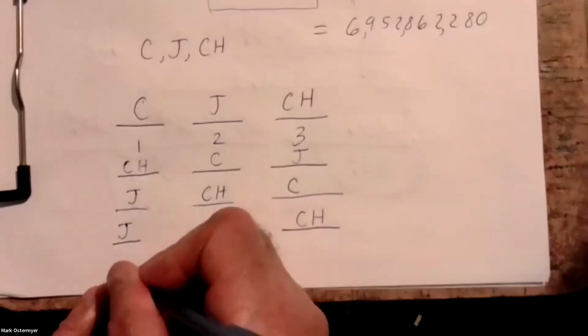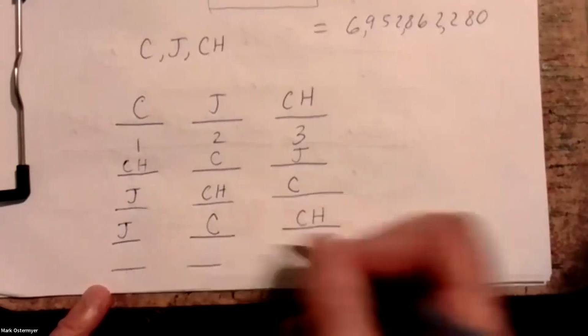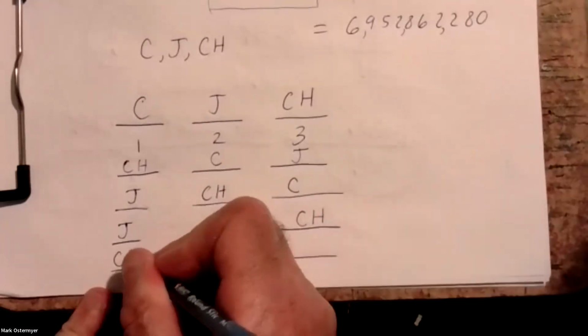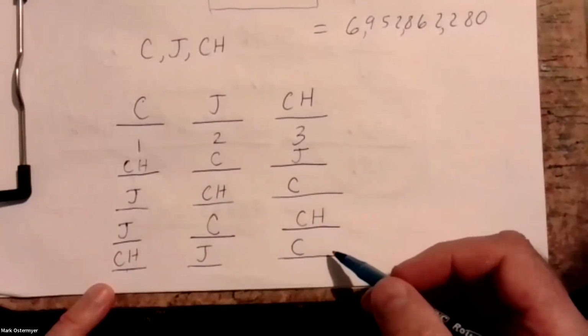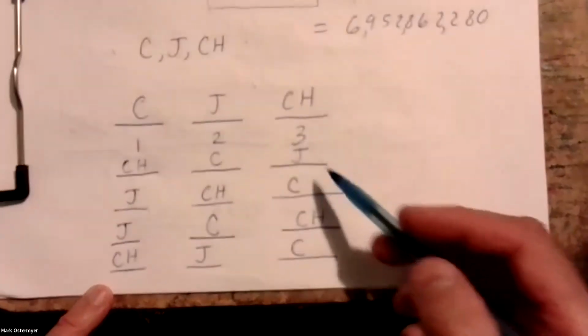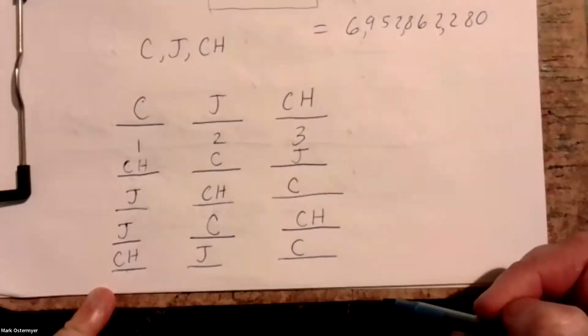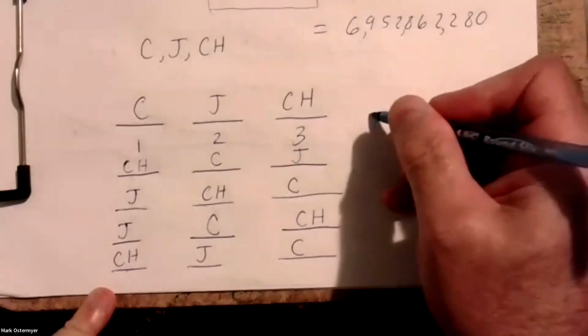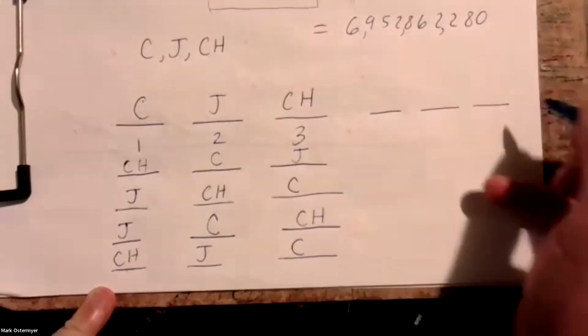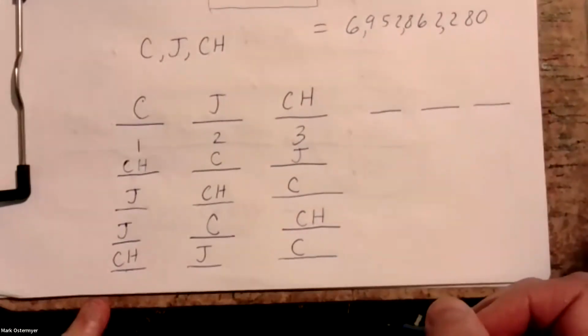Or, ladies and gentlemen, I could have what? Christina in chair 1, Juan in chair 2, and Carmen in chair 3. Do you agree? And there's one other arrangement. Anybody know what the last arrangement would be? I've enumerated 5. I gave you a hint. There's one more.